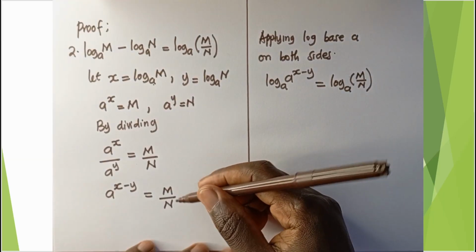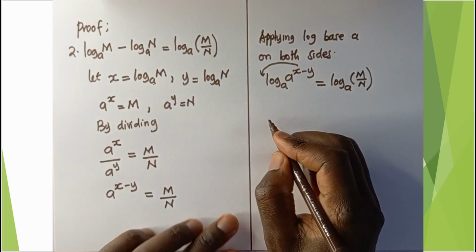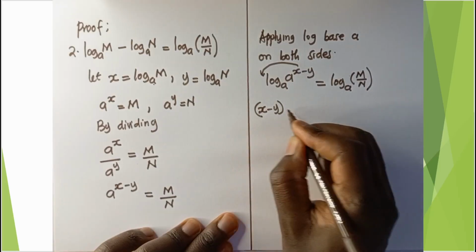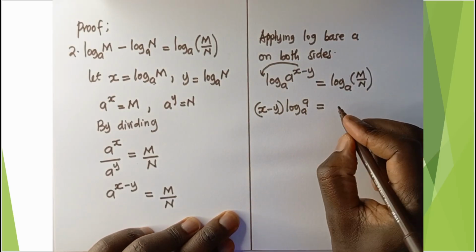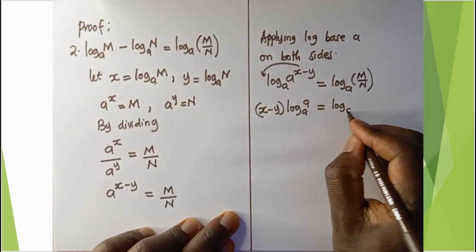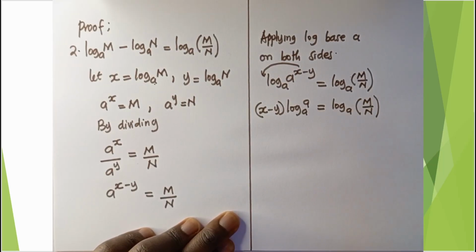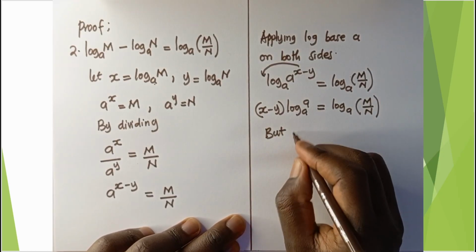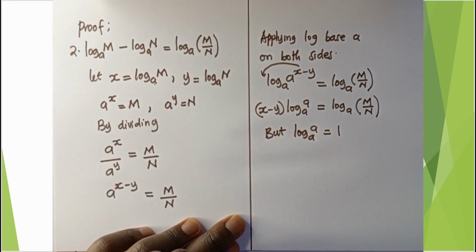So now the power drops, and we have x minus y times log base a of a is actually equal to log base a of m over n. But we know very well that log base a of a is actually 1.